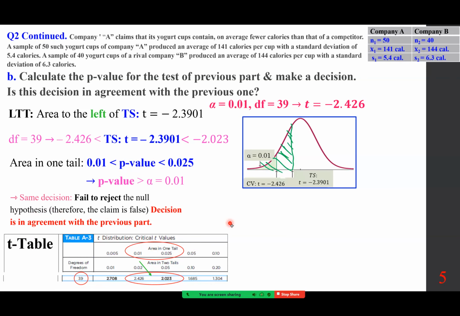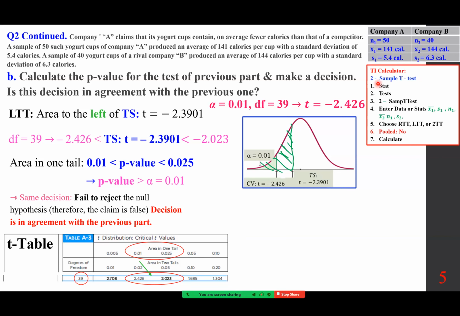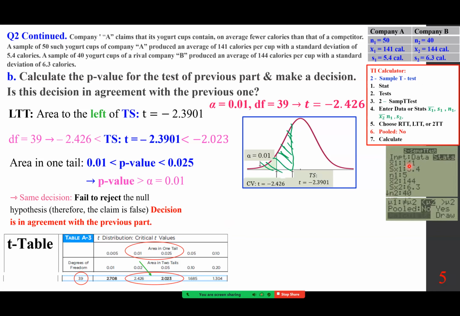Now, this is using the table, not using technology, and that is the limitation we have. Let's see what happens when we use the technology. So two-sample t-test, and we put in x1 bar, s1, n1, x2 bar, s2, n2, and we are going to go with less than.